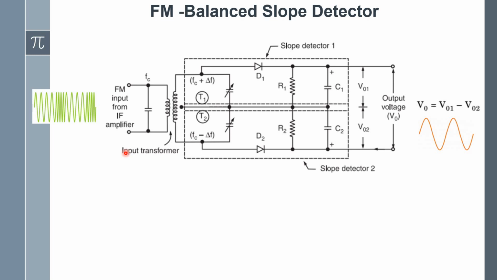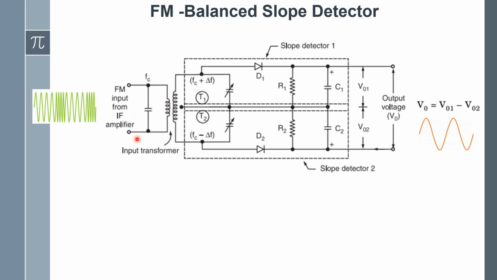Before discussing the Foster-Seeley discriminator, we have to identify the major disadvantage in the balanced slope detector, and how we eliminate that disadvantage by using the Foster-Seeley discriminator. In the balanced slope detector, the major issue is that three tuned circuits are available.